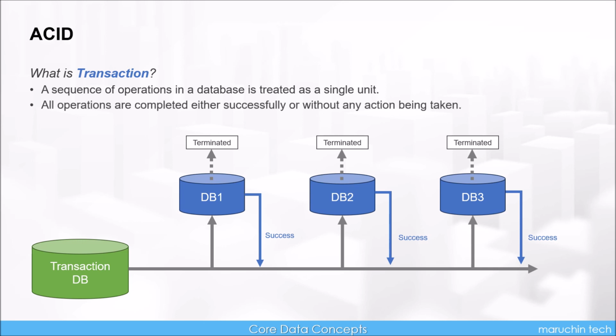In transaction processing, all operations are completed either successfully or without any action being taken. In other words, the process is never completed in the middle of the transaction, leaving the data in a half-finished state, and this is called atomicity.